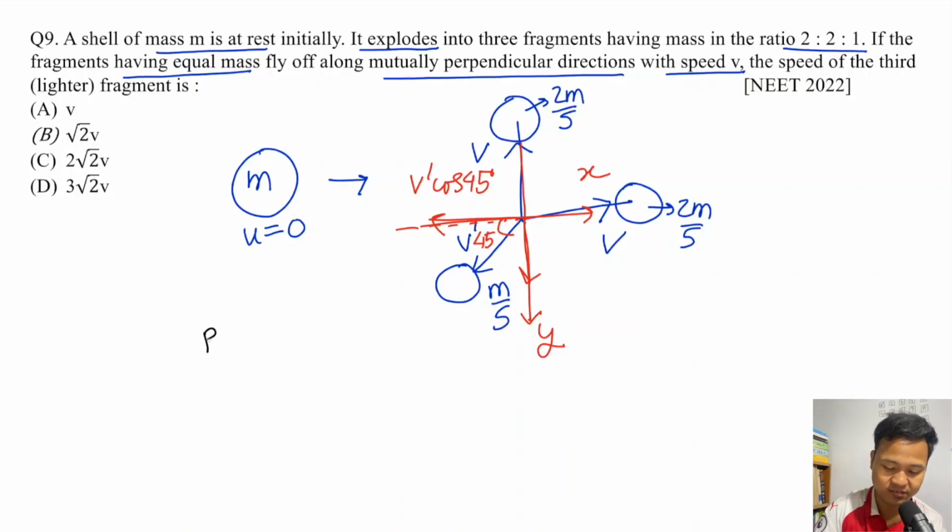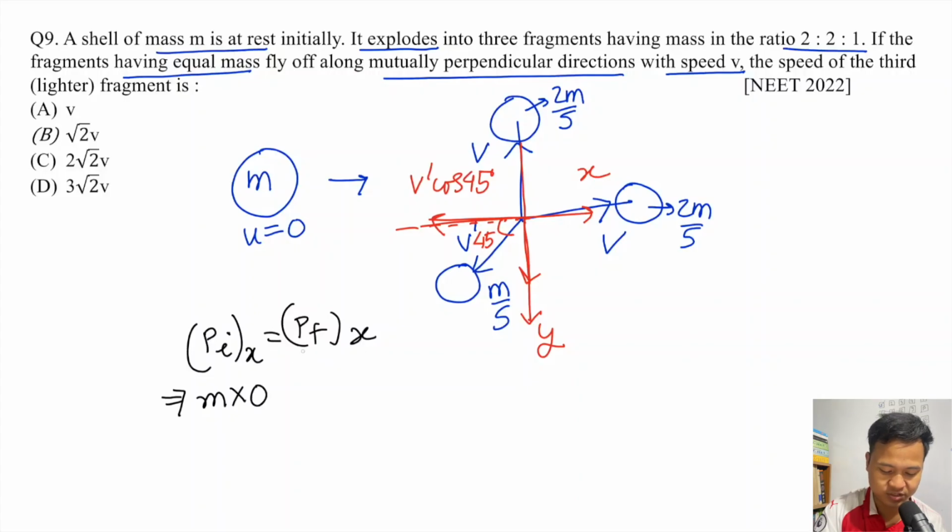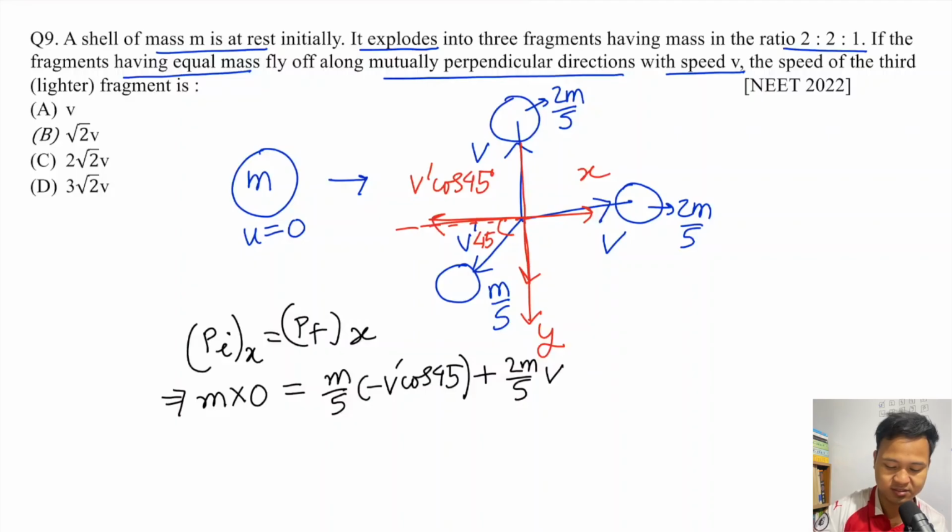So p initial equals p final along the x. Momentum conservation along the x: the mass initially is at rest, so 0. This equals m by 5 into minus v dash cos 45, plus 2m by 5 into v. The 2m by 5 piece goes along positive x, therefore the velocity is v.